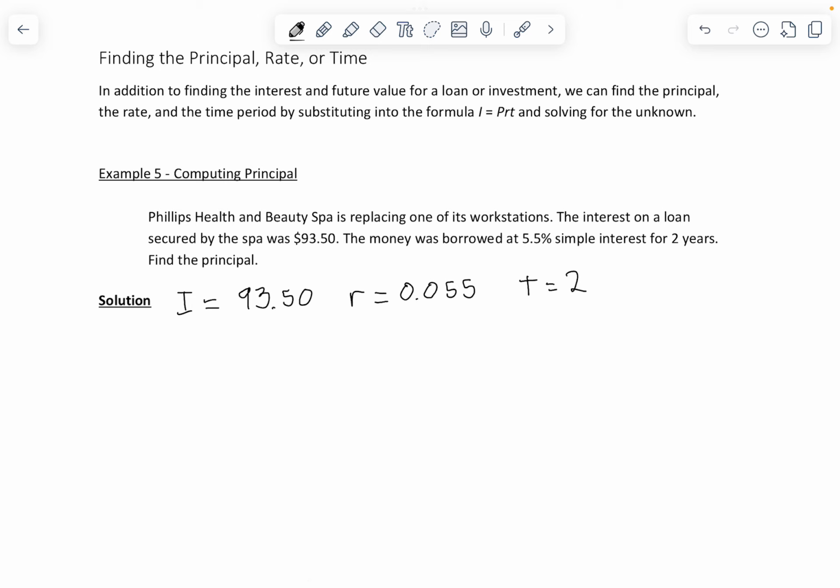So now in my simple interest formula, I know I, R, and T. P is the unknown quantity. That's what we want to solve for. So let's plug in what we know. 93.50 equals P times 0.055, T equals 2.